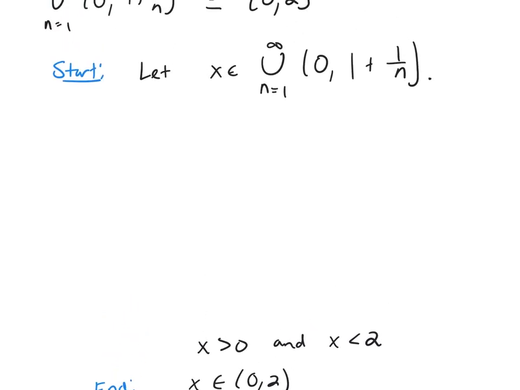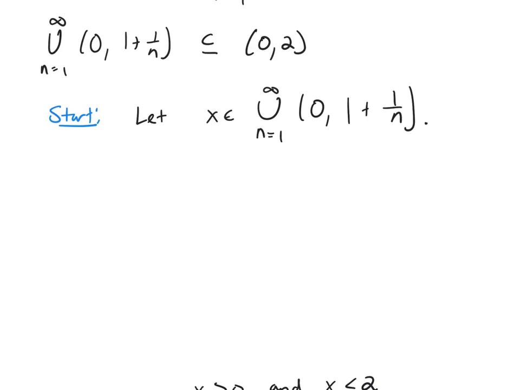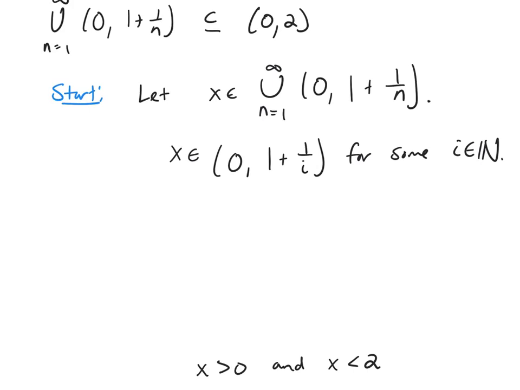All right, so let's go back to our start now. To be in the union, remember it means that you have to be in one of the sets. So x has to be in the interval [0, 1 + 1/I] for some natural number I. And what does it mean for x to be in this interval right here?